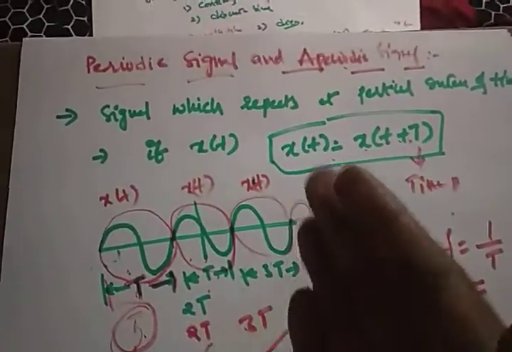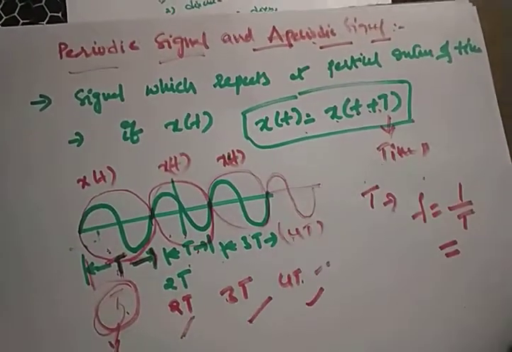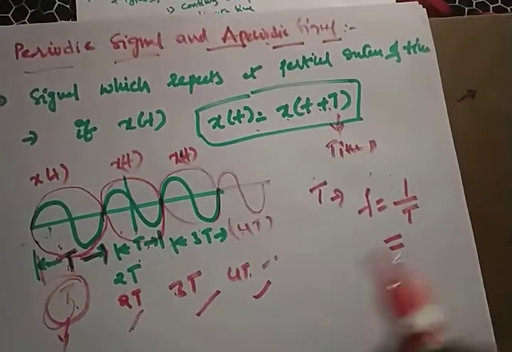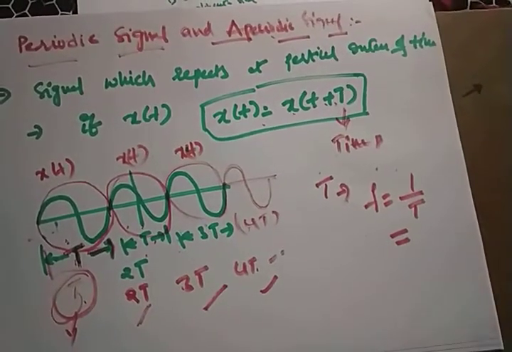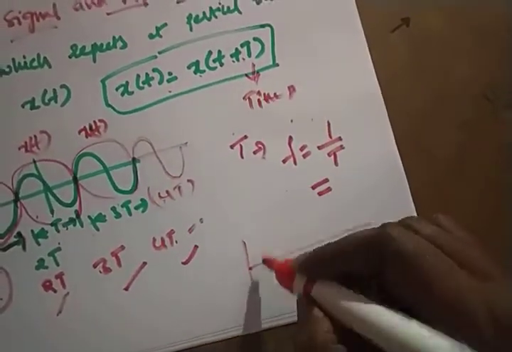If the signal doesn't satisfy this, then we call it an aperiodic signal. That means it doesn't repeat for a particular interval of time. Suppose the signal looks like this, goes on and on.